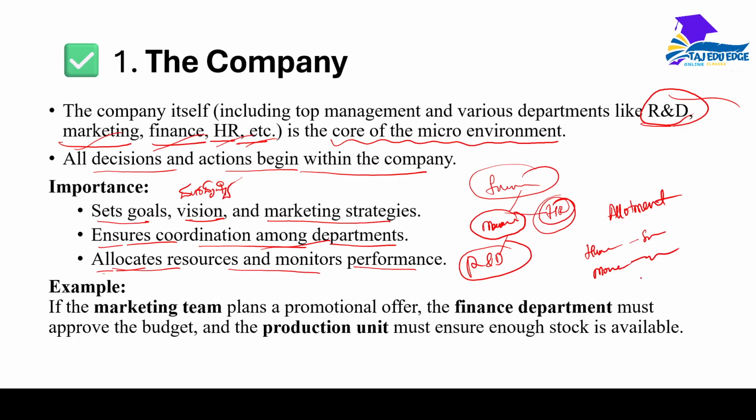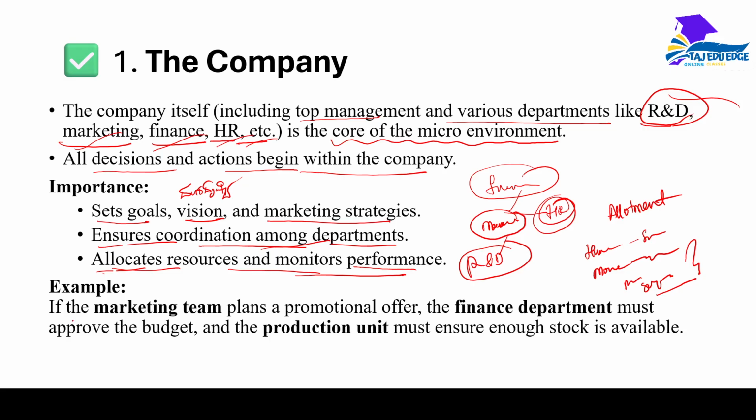Correct? So all those resources, how much material is needed, which software is needed, everything is provided to your department to do marketing, and also to monitor the performance, how your marketing team is working. Monitoring that performance is also supported by the company itself, right? So company here means the top management and the various departments. All of those people together support the marketing department.